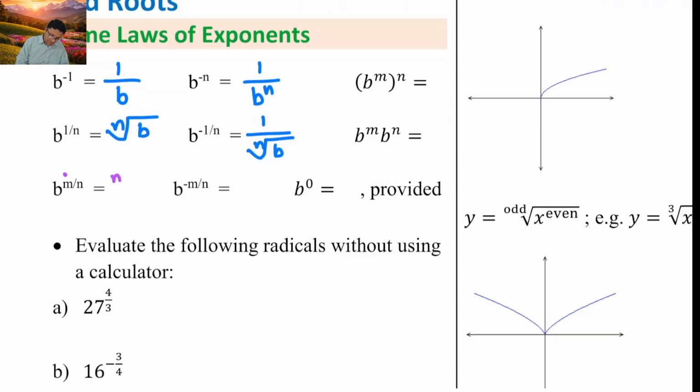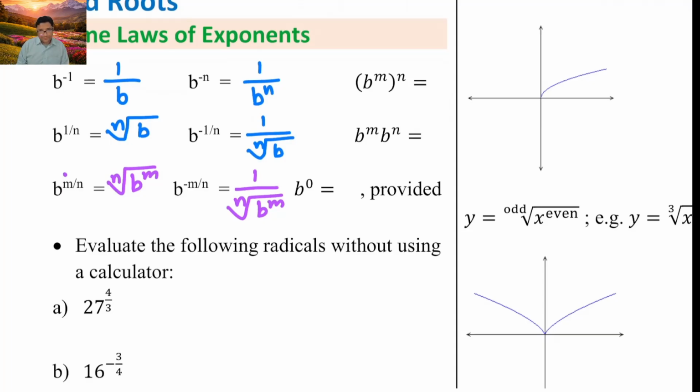So the expression becomes nth root of b raised to the power m. Similarly, if you had a negative exponent, now that will go to the denominator, 1 over nth root of b to the power m. Okay. That is about fractional and negative exponents.